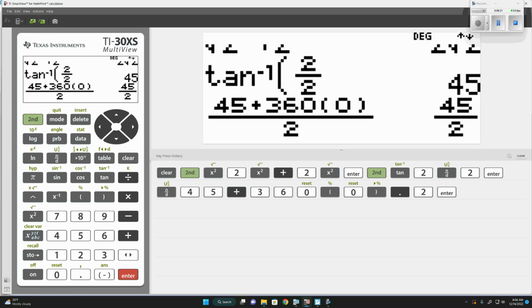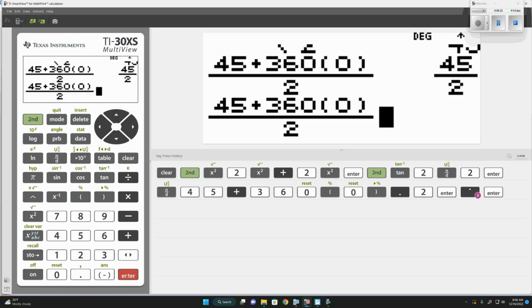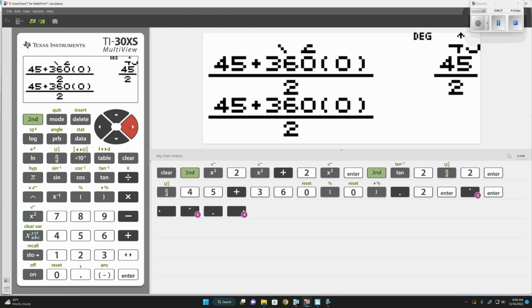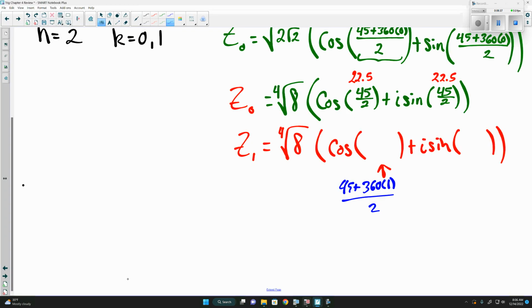Or I can come back to the calculator, reselect this here, and change it from a 0 to a 1. Or I can just put 405 over 2 in its stead.